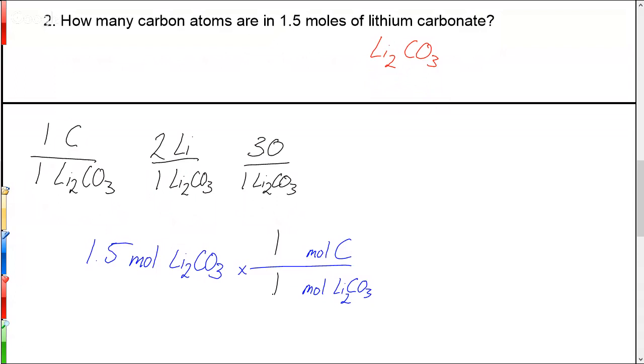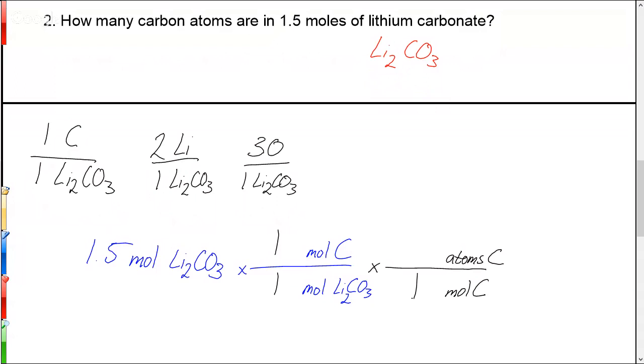But that's not quite what the question asks yet, because the question asks how many carbon atoms. It doesn't say how many moles of carbon. It says how many carbon atoms. So that's when we have to use that big number, and do another conversion from moles of C to atoms. But the good news is this.